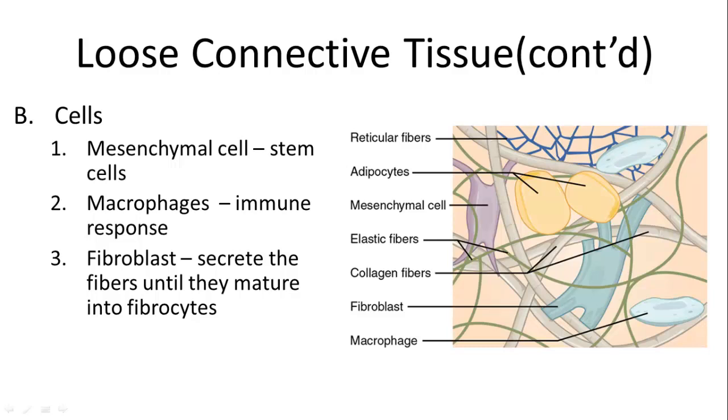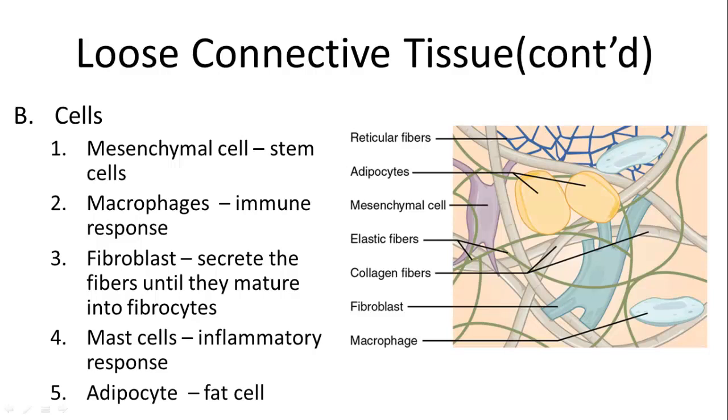You have mast cells, which are important for the inflammatory response, and adipocytes, which are fat cells. You can see all those in this figure here. So the different compositions of cells and fibers result in our different types of loose connective tissue.